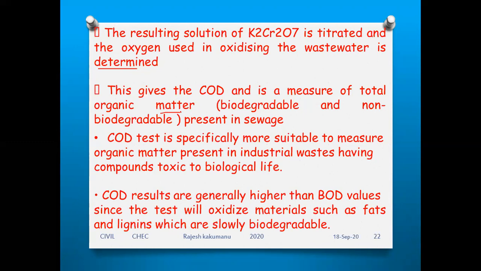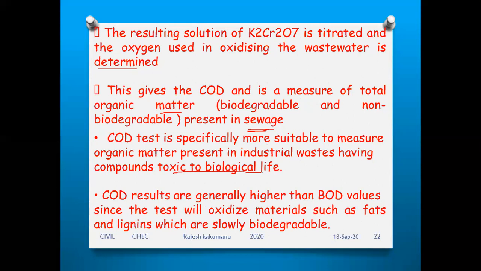So what is the total organic matter? The biodegradable and non-biodegradable matter present in the sewage, right? Next, the COD test is more suitable to measure the organic matter present in industrial waste having compounds toxic to biological life. Wastewater generally comes from industrial waste, domestic waste, and rainwater.